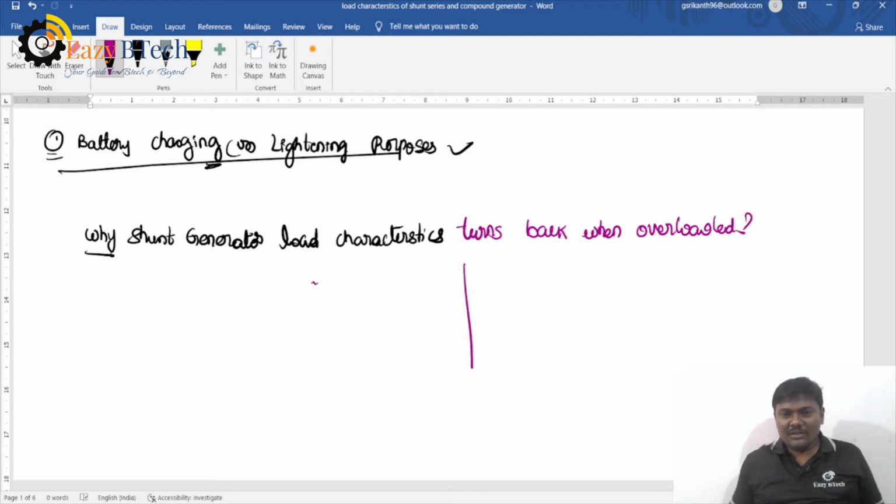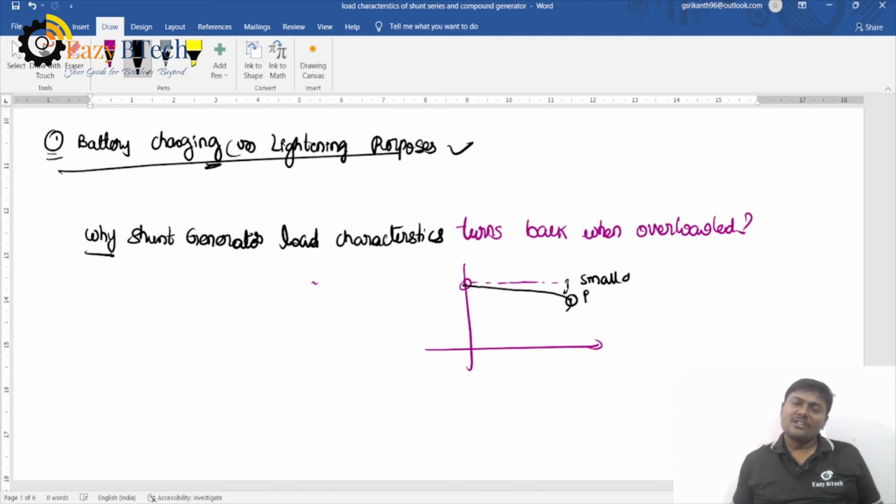This is also an important question. If you see the characteristics, from no load to full load the characteristic comes like this, and this point is called the P point. A small drop is produced due to armature reaction and armature resistance drop. This is E0, Vt versus IL.